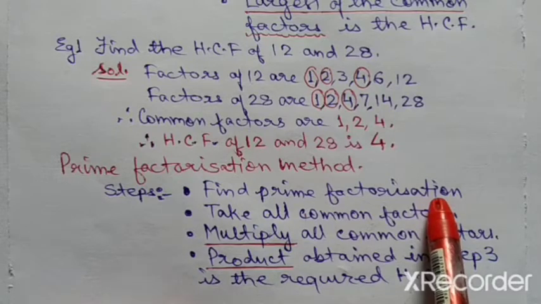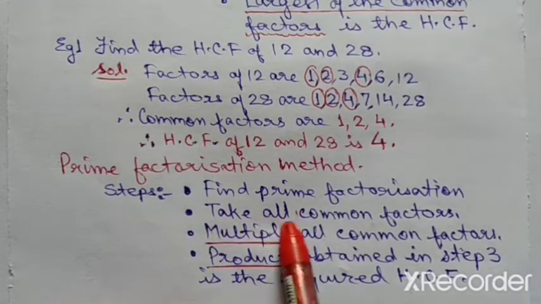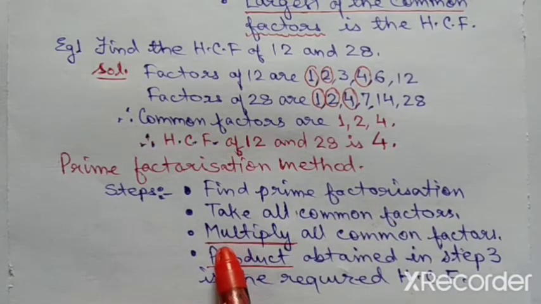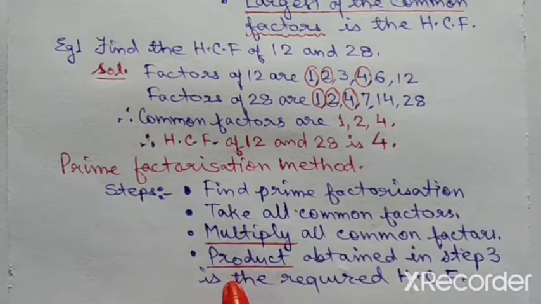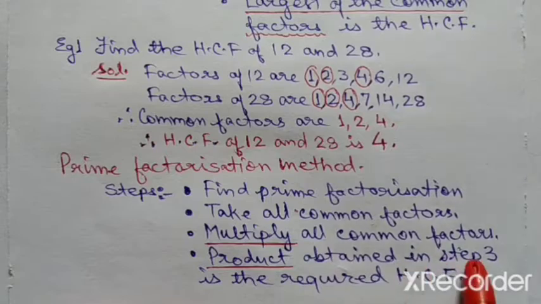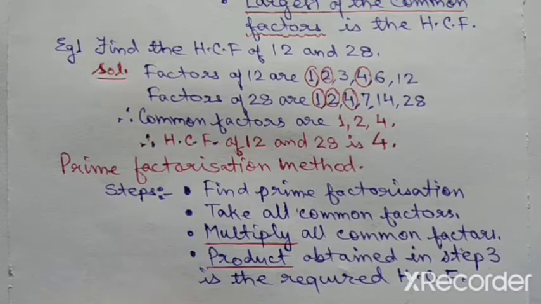Children, try to adopt only the division method. Next step, take all common factors. Third step, multiply all common factors. And the last one, the product obtained in step 3 is the required HCF, children.